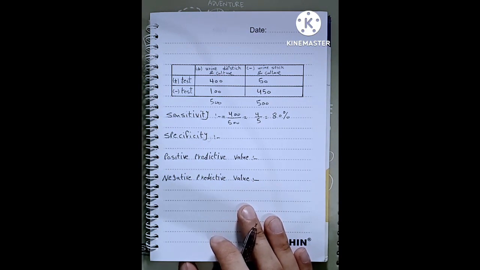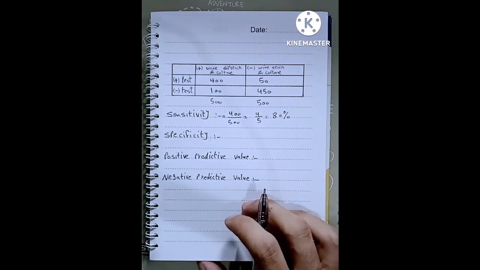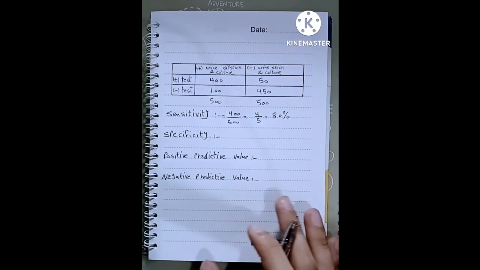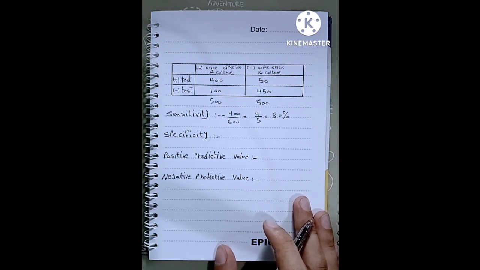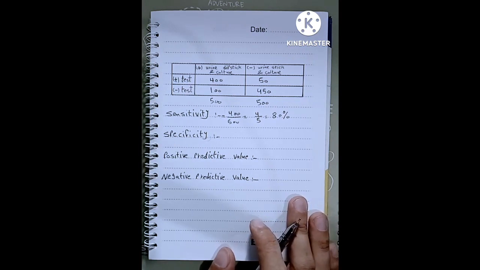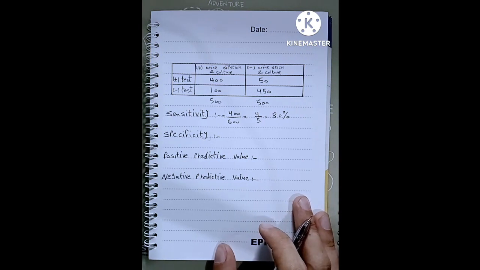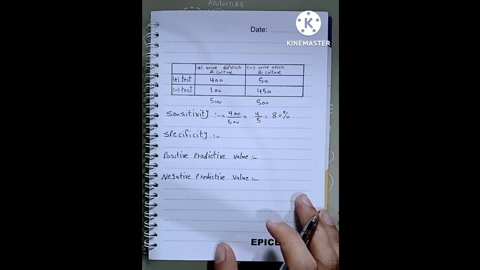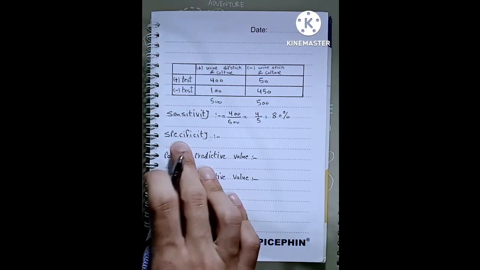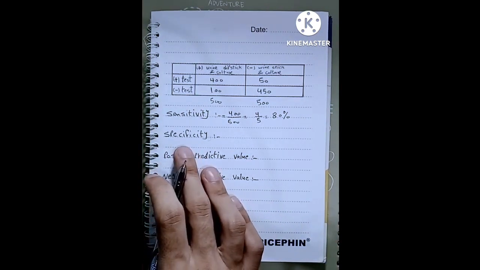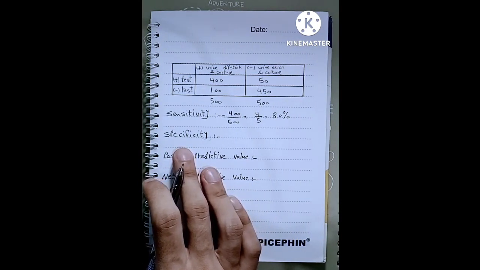That is sensitivity, but it is not enough to test the validity of the test. Why? Because let's say we have a test that always gives positive results. Either you have the disease or not, you would get a positive result. So the sensitivity of that test would be 100%, but it's not valid because if you don't have the disease, you would get a positive as well. So we should have specificity, which is the ability of the test to identify people who don't have the disease.